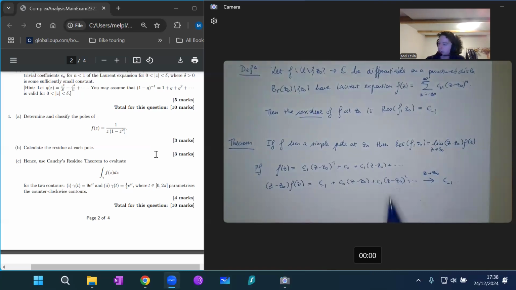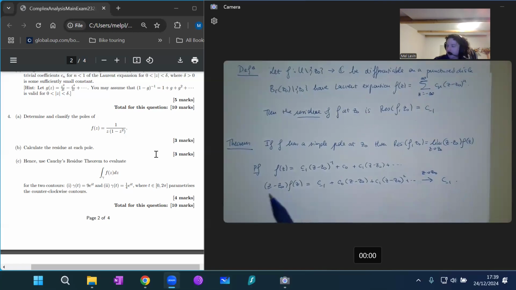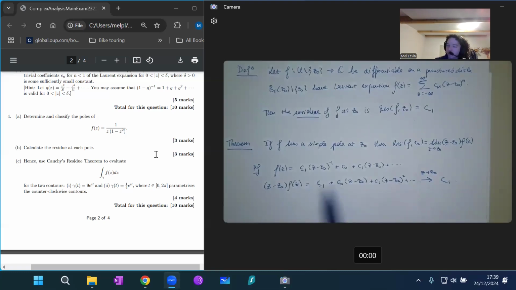You might ask, but this is an infinite number of terms, how can you just plug in? That's a bit weird, and I suppose it is. But essentially (z minus z naught) f(z) now has a Taylor series, so this is a continuous function.